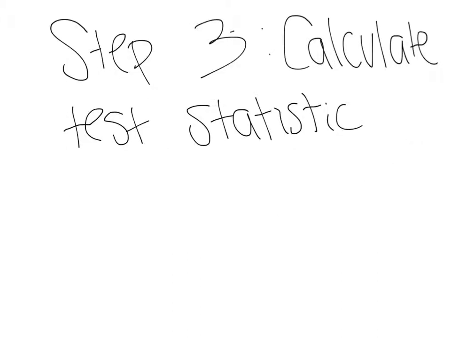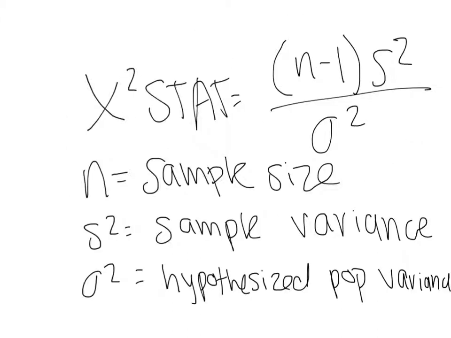Step 3. Calculate the test statistic. The test statistic, as we saw earlier, is calculated by n minus 1 times s squared over sigma squared. So n equals the sample size, s squared is the sample variance, and sigma squared is the hypothesized population variance.